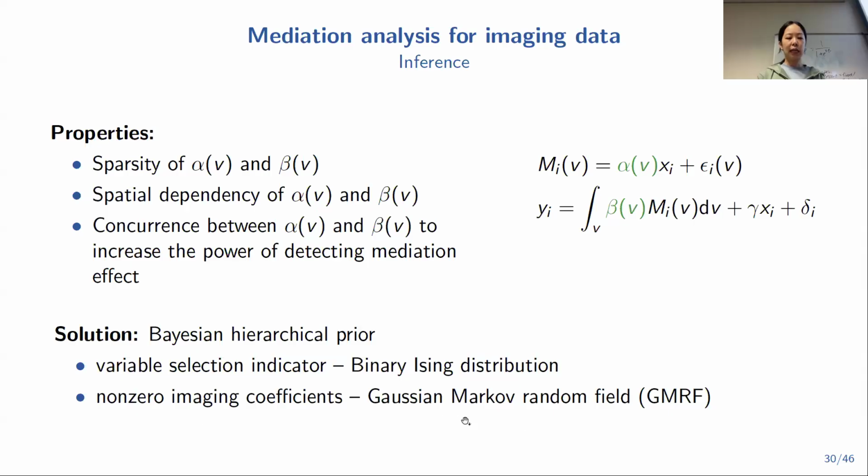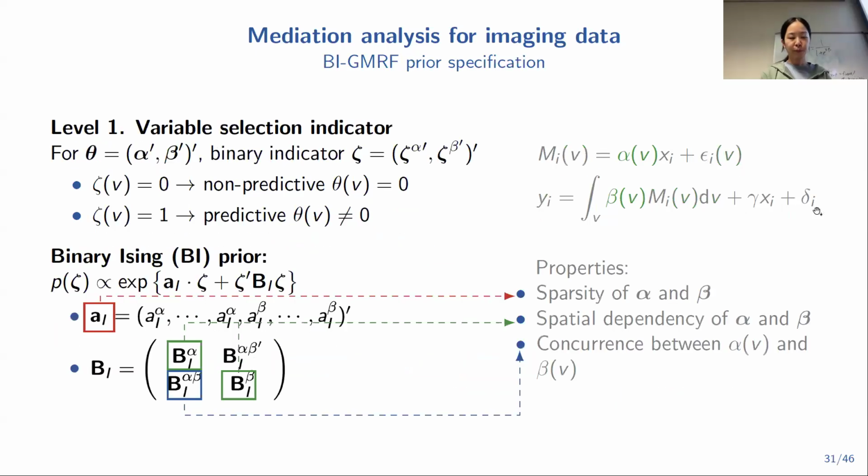On the second level, we know that in this area those coefficients are non-zero, so we estimate their values, their effect sizes. We also want to add some additional smoothing because we don't want the effect of our non-zero coefficients to be quite noisy, which may look like multicollinearity. So on the first level we have spatial variable selection, and on the second level we have some smoothness on the non-zero coefficients. To do so, on the first level, we propose, as we said, the Ising prior.